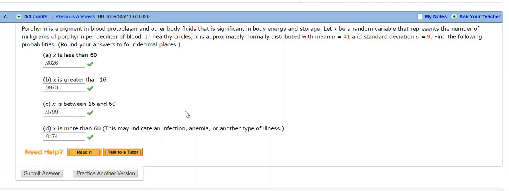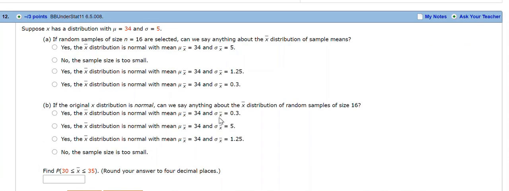Let's look at number 12 from our homework. So number 12 now is saying that suppose x has a distribution with a mu of 34 and sigma of 5. And for question A and B, I'll let you carefully read those and answer those questions on your own.